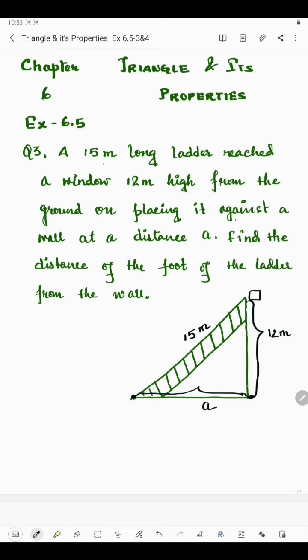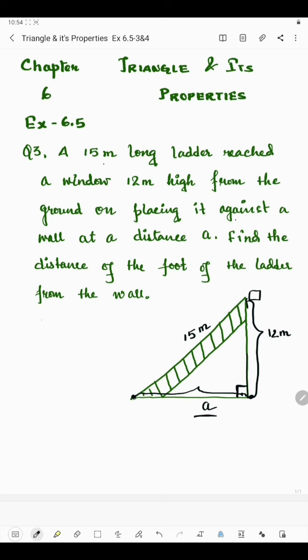Now this is a right angle triangle because this wall is standing on the ground. So this is 90 degree. So we'll apply Pythagoras theorem over here to get the distance between the foot of the ladder to the base of the wall.